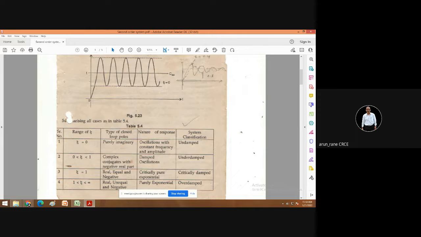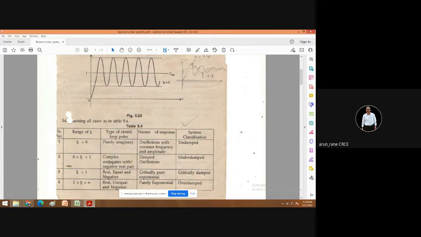Here the frequency is constant and the amplitude is also constant. So this is the graph for your undamped system.